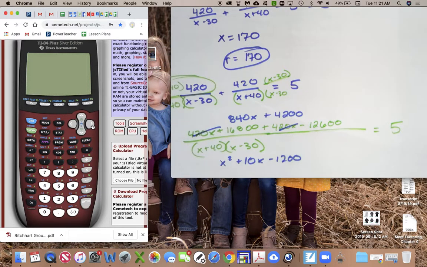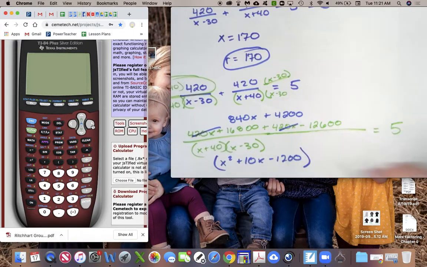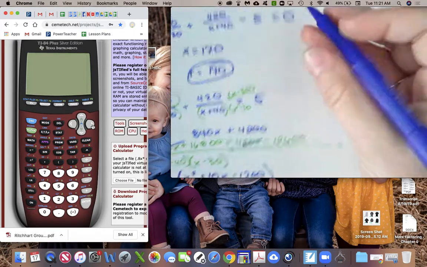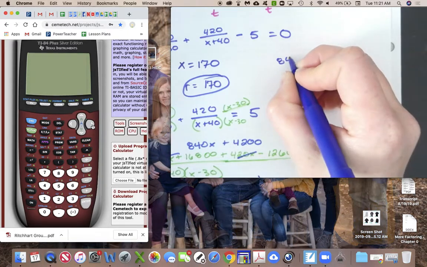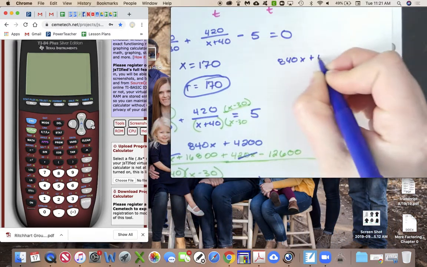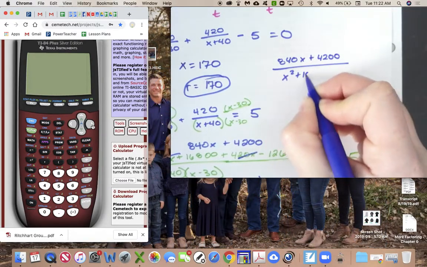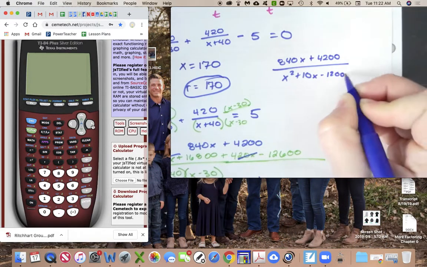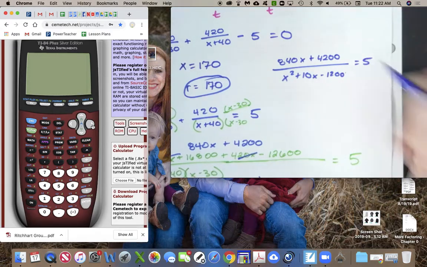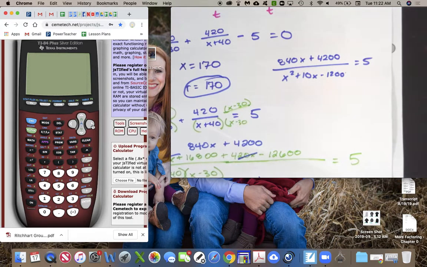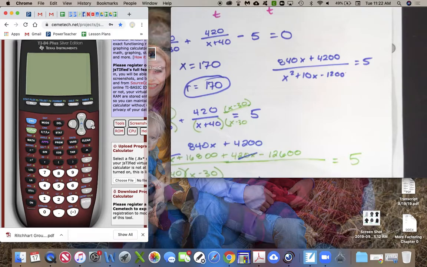This is all one piece at the bottom. So right now we have 840x plus 4,200 over x squared plus 10x minus 1,200 equals 5. Now I just rewrote it. Now you multiply all that times 5.